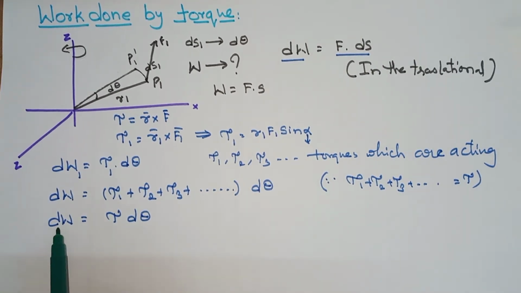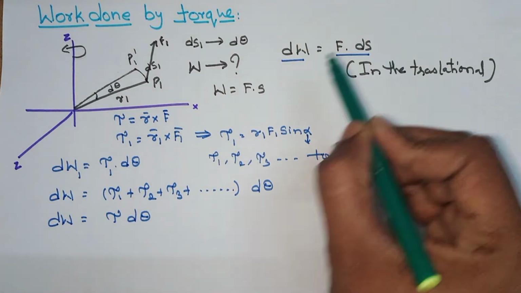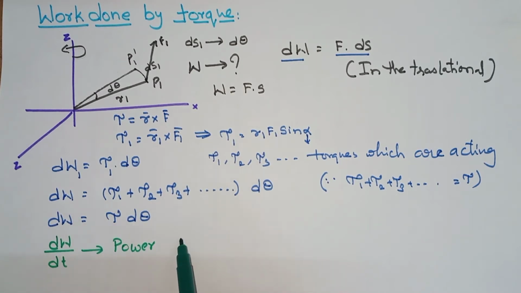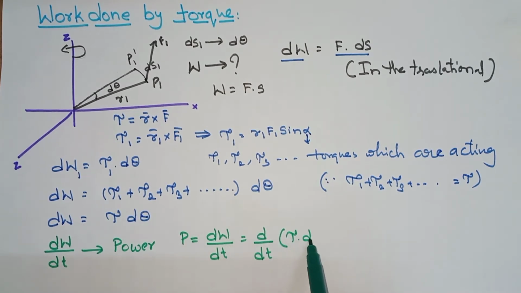See that dW is equal to tau d theta, analogous to dW equal to F into ds. Now if you consider the rate of doing work, dW by dt, which is equivalent to power, power is equal to dW by dt, which is tau into d theta by dt.